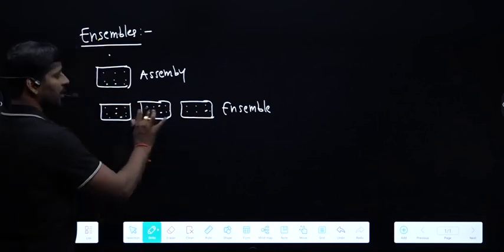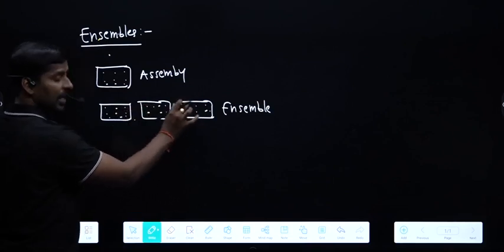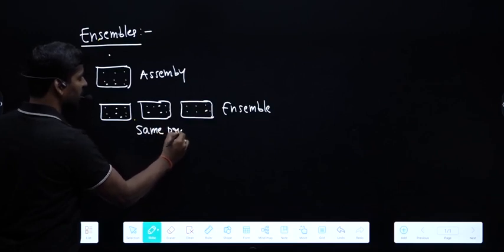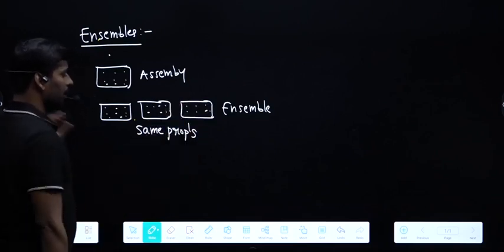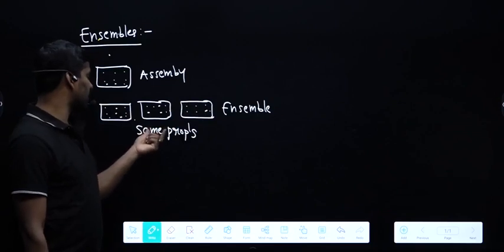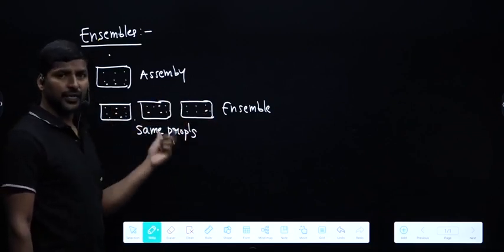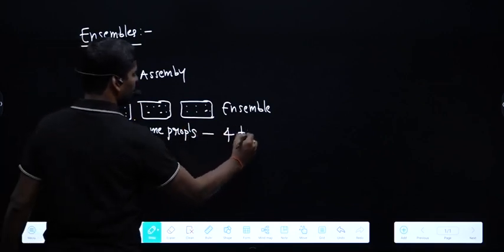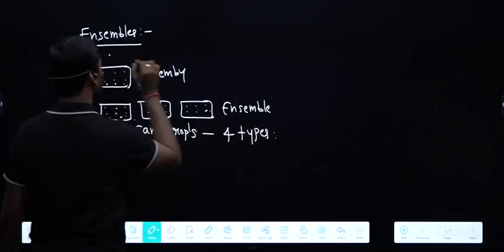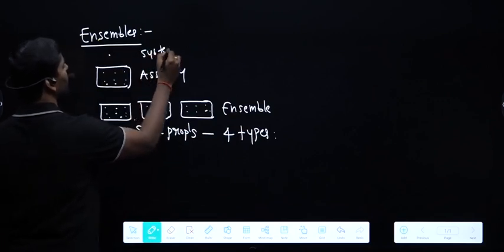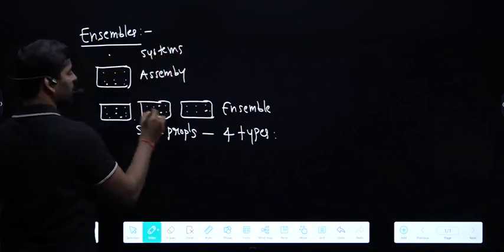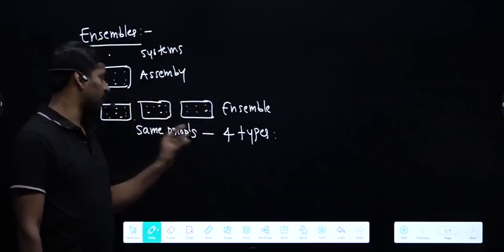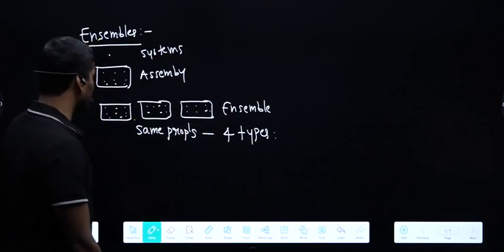Identical in the sense that each assembly is characterized by some same properties. On that basis, ensembles are classified into 4 types. Each particle is called a system, a collection of particles an assembly, and a collection of assemblies an ensemble. Each assembly is characterized by some same properties, and based on that we have 4 types of ensembles.